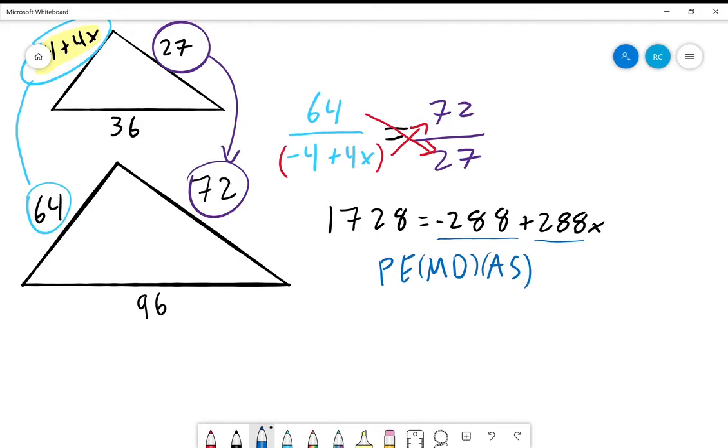PEMDAS, most folks who have been through algebra or pre-algebra know about PEMDAS. So we're going to do PEMDAS, except we're going to do it backwards. Since we are undoing the things that are happening to x in order to balance the equation, we are going to start with addition and subtraction, and then we're going to do the multiplication or division. So I'm going to add 288 to both sides.